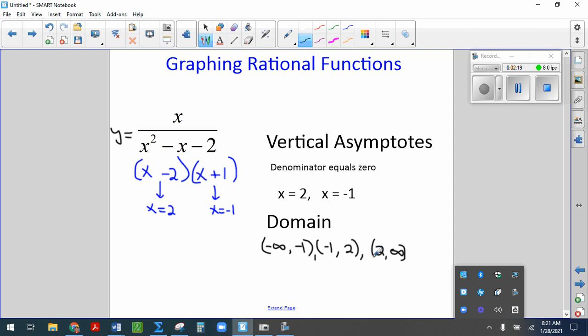You could also say the domain is all real numbers except negative 1 and 2. So that's how I would do vertical asymptotes and domain.